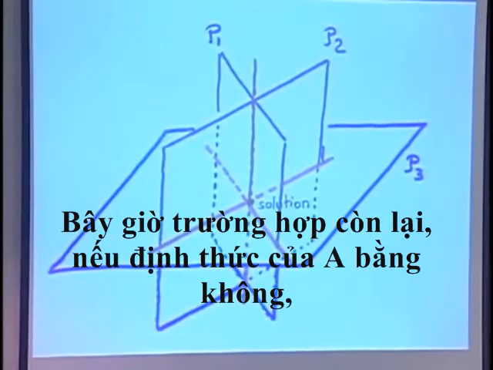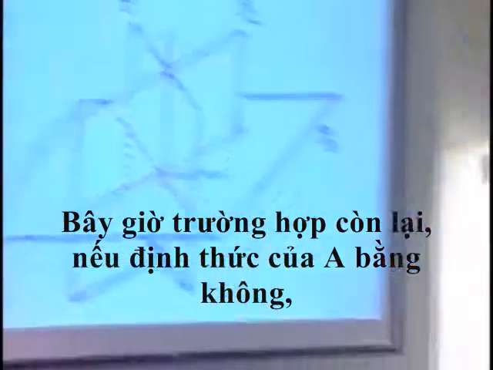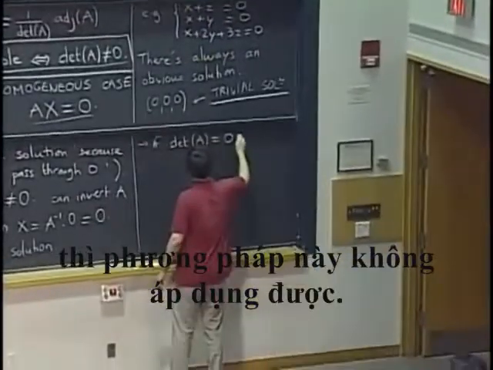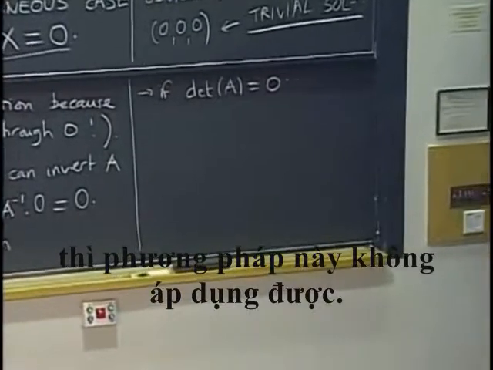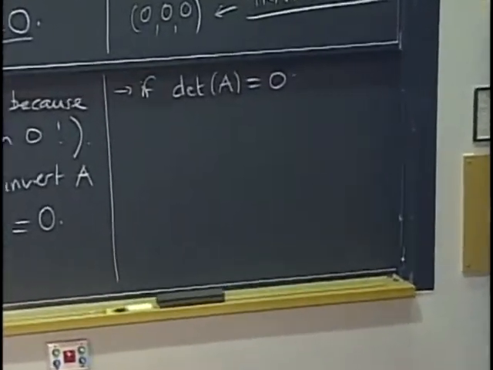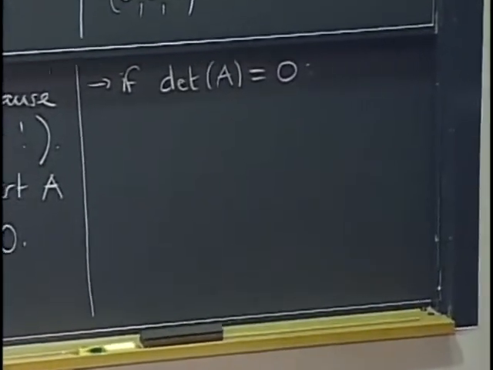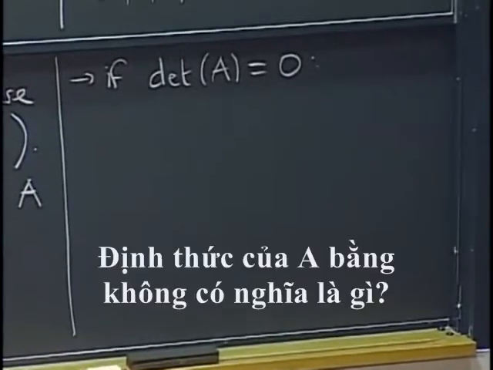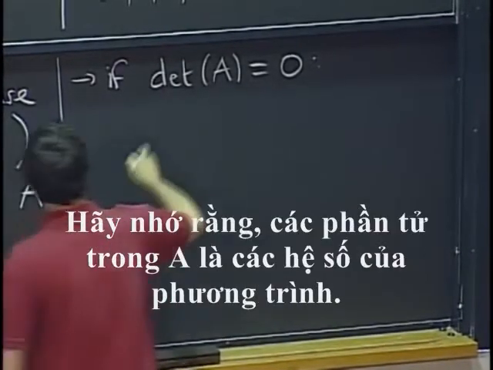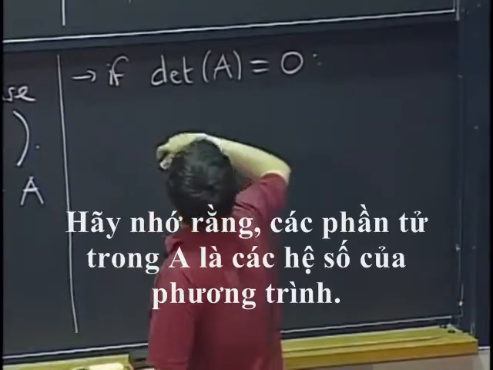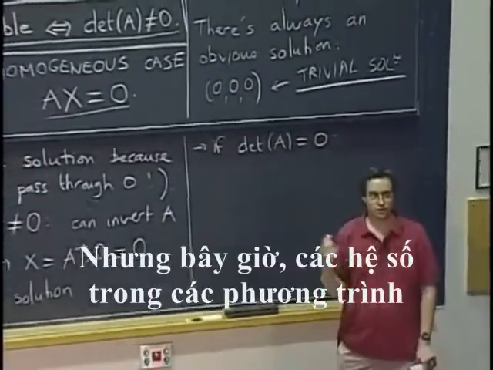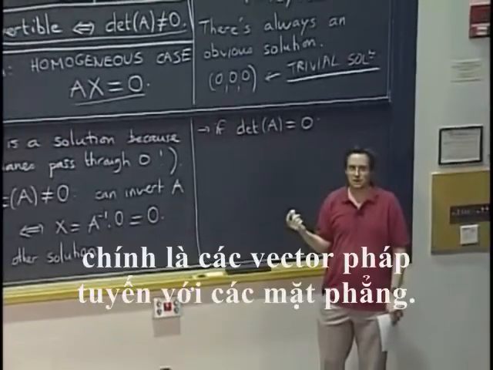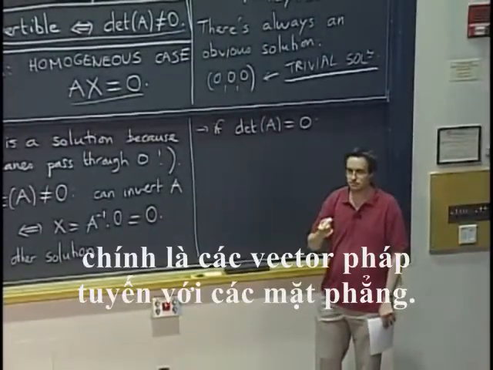Now, the other case: if the determinant of A equals 0, then this doesn't quite work. Let's see what it means that the determinant of A is 0. Remember, the entries in A are the coefficients in the equations. But the coefficients in the equations are exactly the normal vectors to the planes.